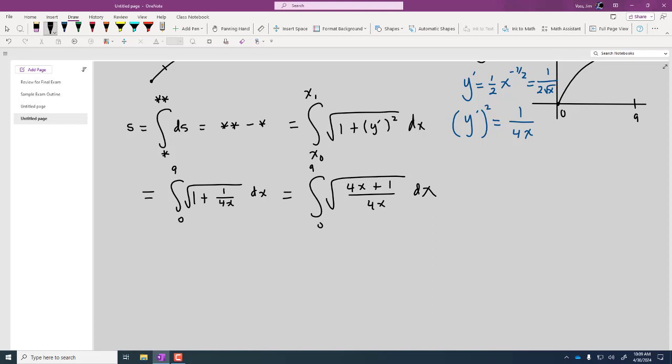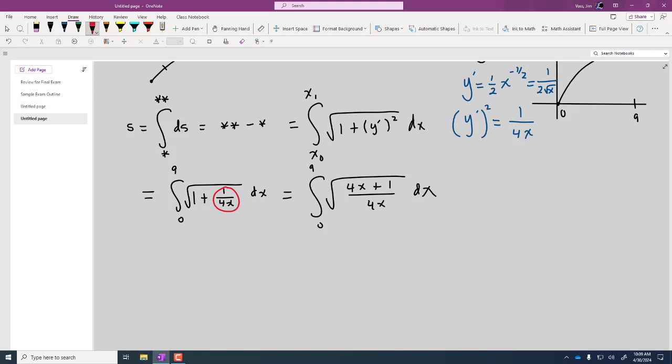The problem here, let's make sure you understand the problem, is that u substitution would be the natural choice. Can we let u equal this? And if we let u equal that, that's going to give us something crazy.